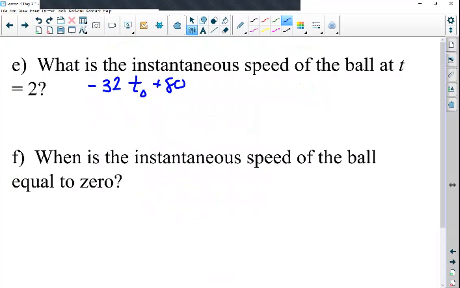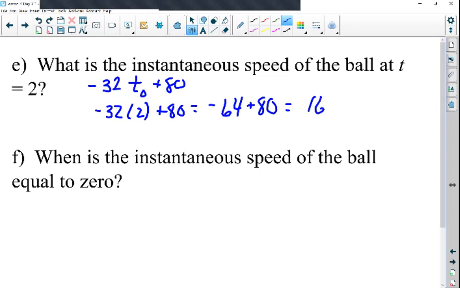So to find the instantaneous speed, we're just going to plug 2 in for t sub 0. And we get 16 feet per second.